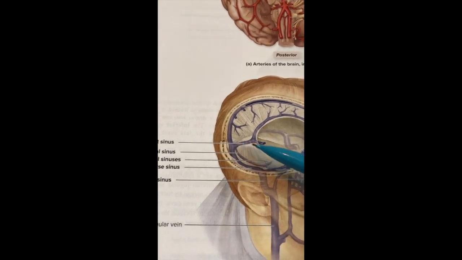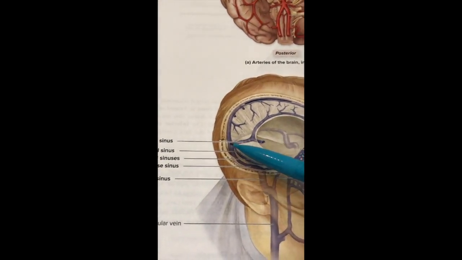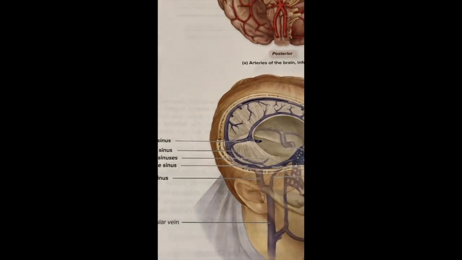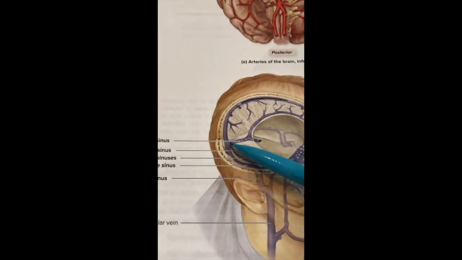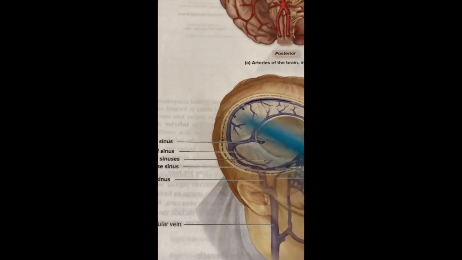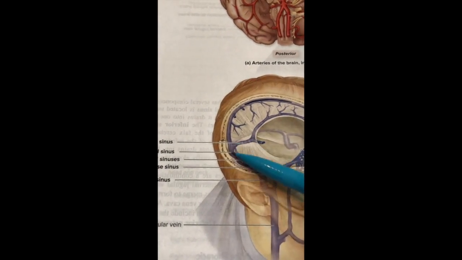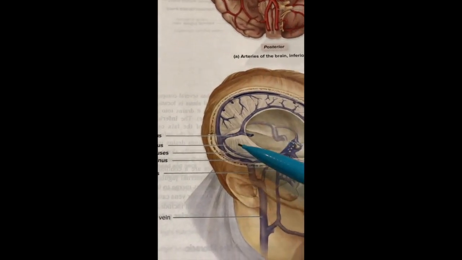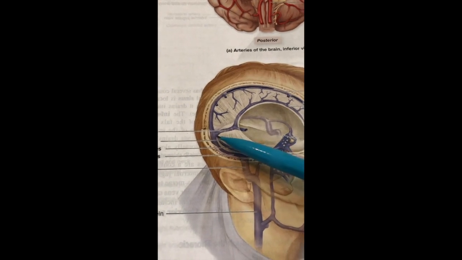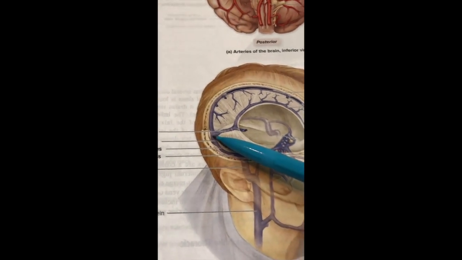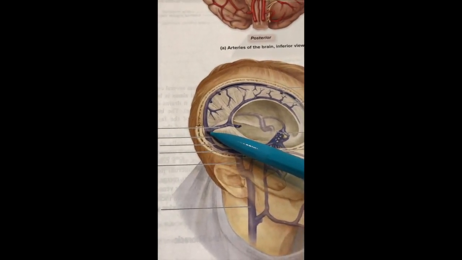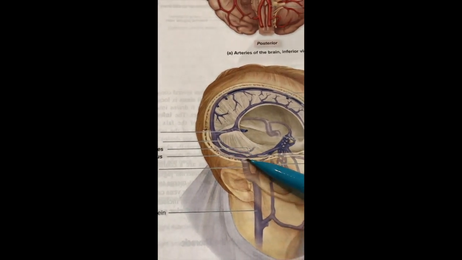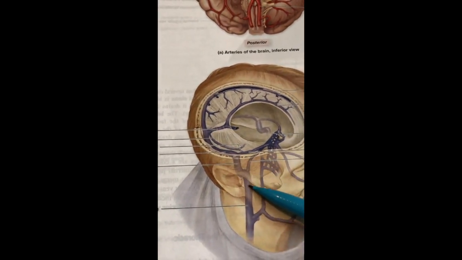And at that point, technically you could either take the right or the left side back. That's kind of how your brain works. Your sinuses, the blood kind of sloshes around in all the different directions. So technically you could take either side back, but we're going to take the right side back. So we're going to say transverse sinus into the sigmoid sinus.